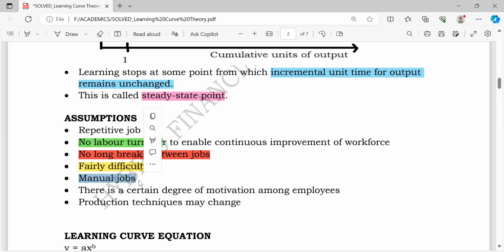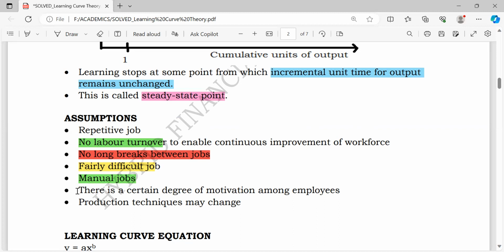Of course, if you are using machines, it won't be appropriate to use learning rate, which is usually more concerned with labor. Although we'll see in some other options that labor can make more appropriate use of materials, so materials can somehow be integrated therein. But our main focus here is labor.